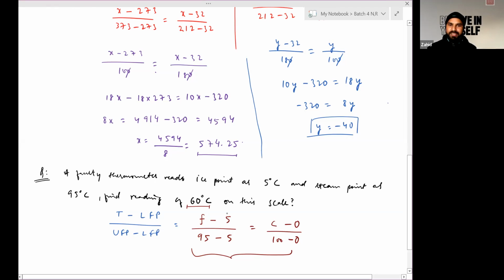Raza, we have minus 5 here. So on moving to the right side, it will become plus 5. Good, Atisham.